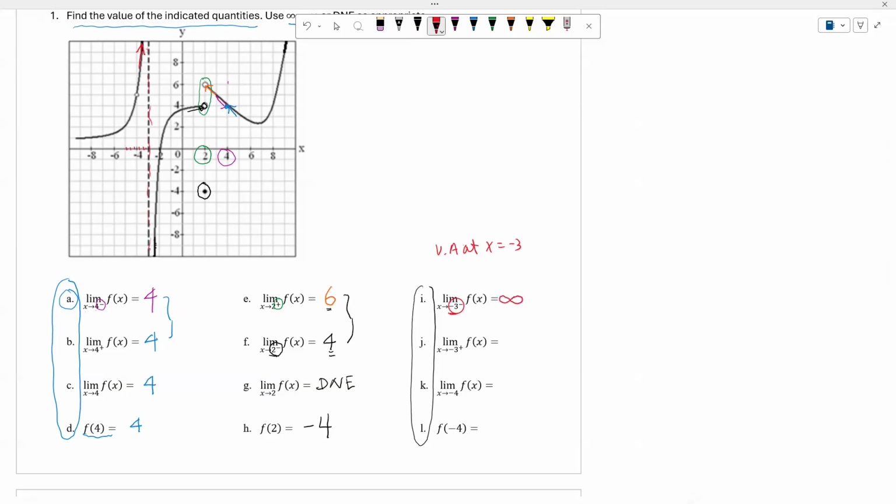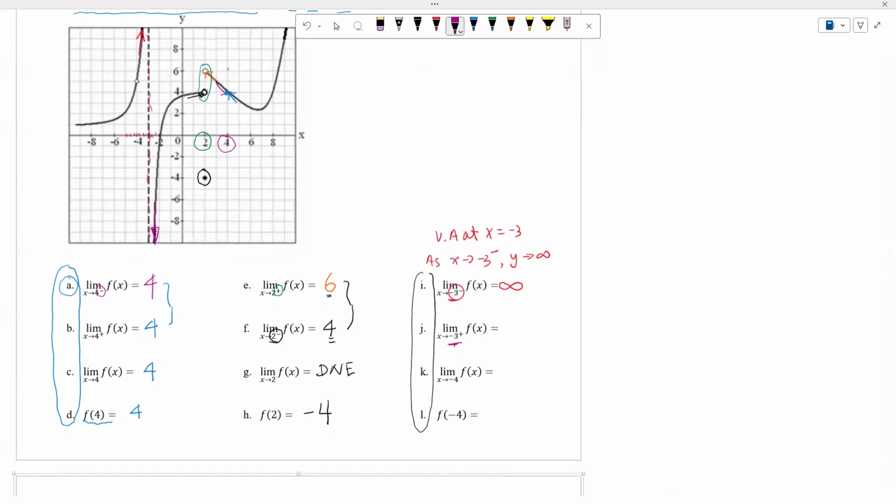As x approaches -3 from the left, y goes to infinity. Then for x approaches -3 from the right, the output that I have is getting bigger in the negative side. Then I will have negative infinity.